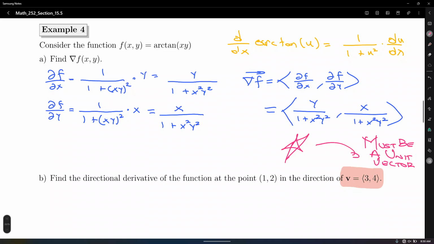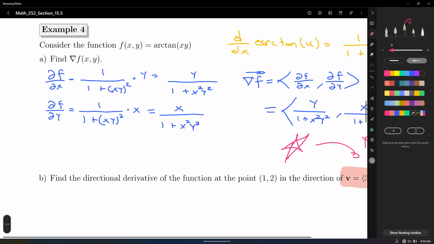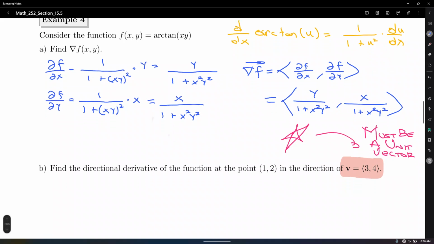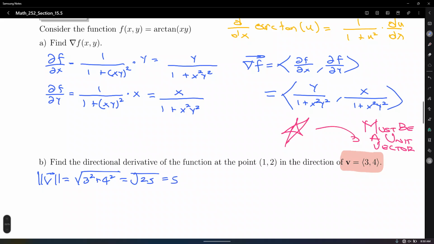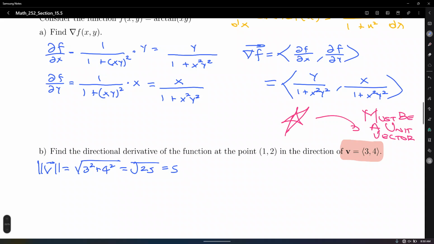When we need a unit vector, again, how do we get a unit vector? Divide by the magnitude. So let's get that. Magnitude of v. That is the square root of 3 squared plus 4 squared. That equals root of 25, which equals 5. Okay? Let's come up with a unit vector. Let's call this u.